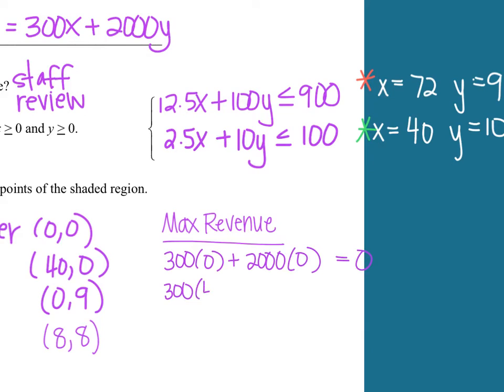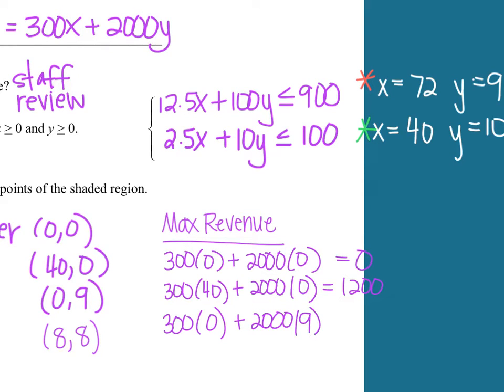300 times 40 plus 2,000 times 0. That's going to give me 12,000. How about 300 times 0 tax returns, but 2,000 times 9 audits? What's that? Well, that's 18,000. That's even better.